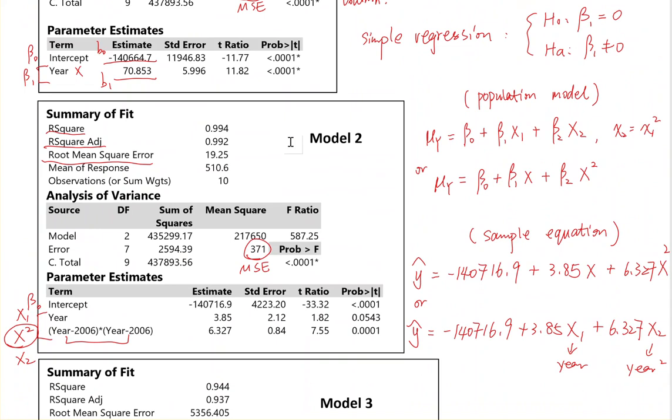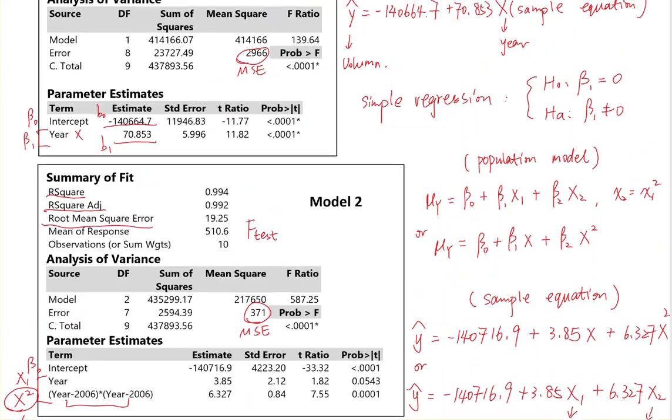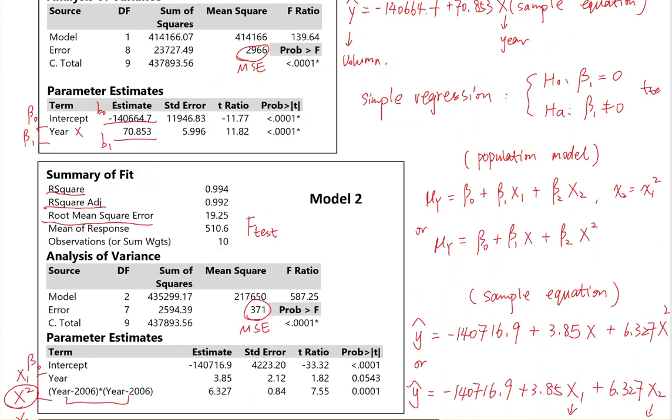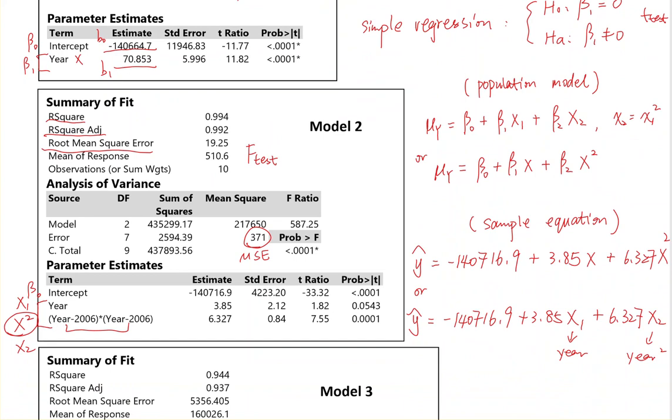We need to use the F-test statistics, not the T-test. For simple regression, we have the T-test statistics. But for multiple regression, we first need to test the overall significance of this model. And only when this model is significant overall, then you can test for each variable. So this is another difference between simple regression and multiple regression.